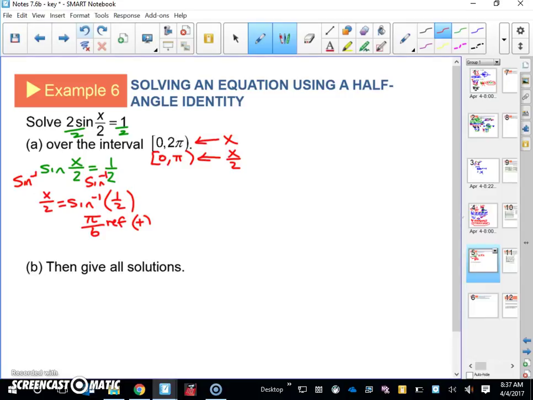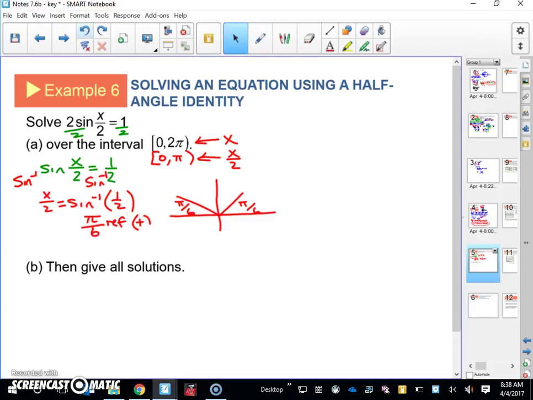And so take a look at where sine is positive. You have pi over 6 where sine is positive. We know that's upstairs. And so we call this pi, no, wait a minute, with a common denominator, that's 6 pi over 6.